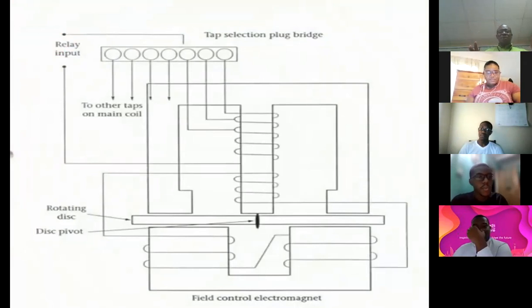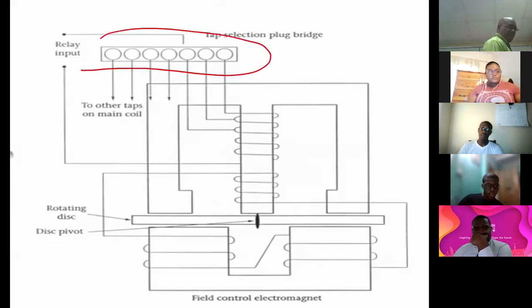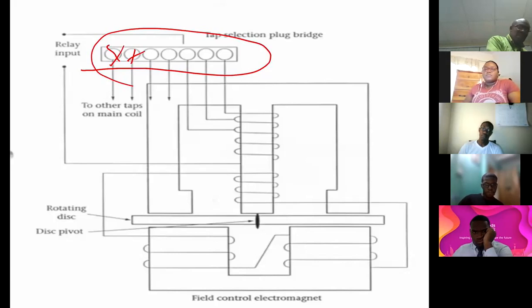So in terms of your block diagram, this is what it would look like. You have your plug block, and depending on which one of these you put the plug in, and it's a physical plug, a metal plug that you actually unscrew and then screw into one of those boards, that's why we call it plug.